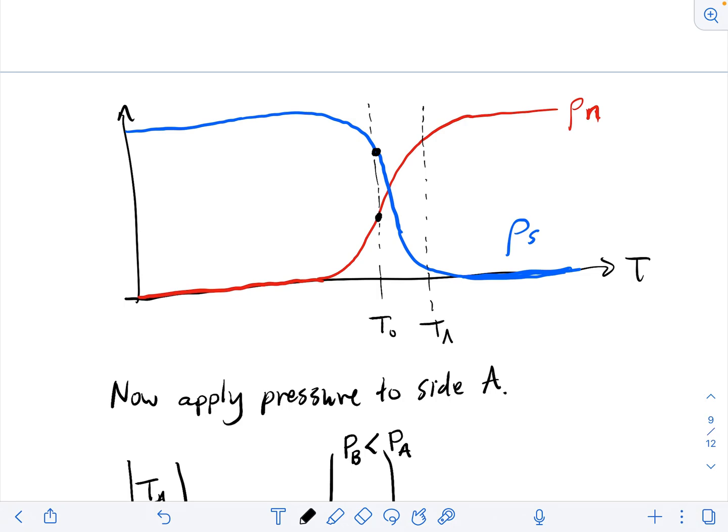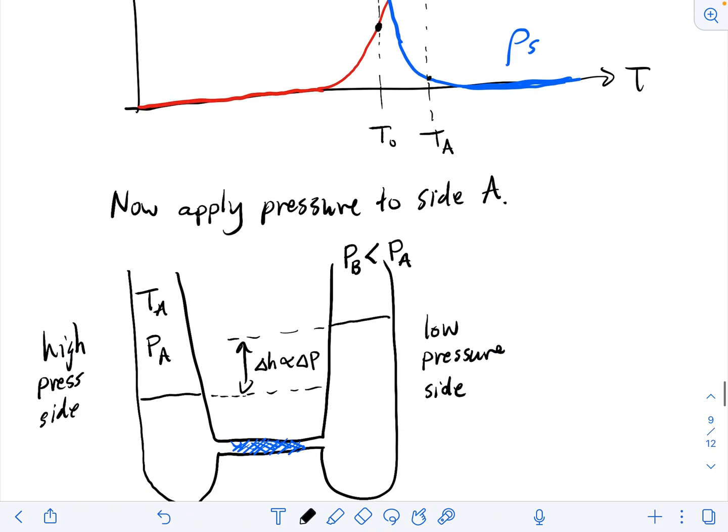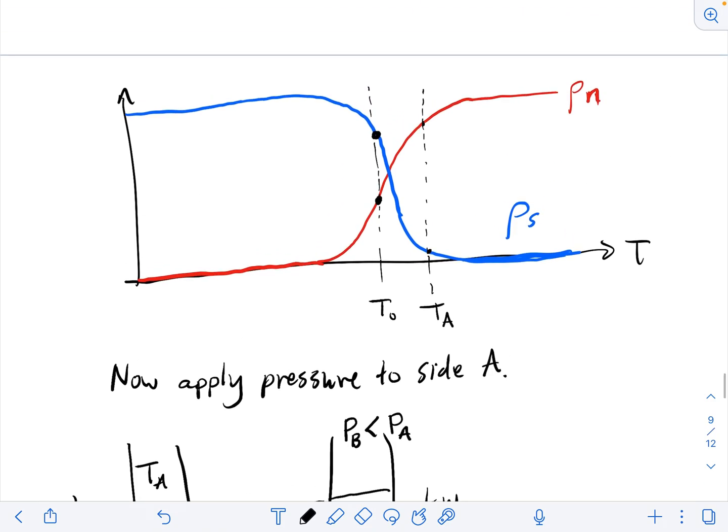It's lost superfluid because it's gone through the super leak, and therefore the proportion of normal fluid has increased. On the other hand, we've pushed more of the superfluid into side B, and so it had to increase the amount of superfluid density, and its temperature would therefore, according to this plot, have to decrease. And so it's lost, the proportion of normal fluid is decreased, and the only way that can happen is TB is decreased.